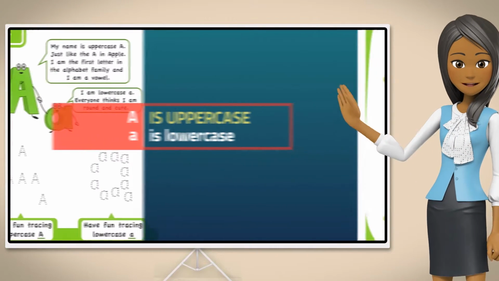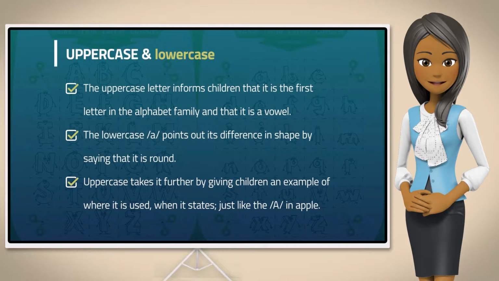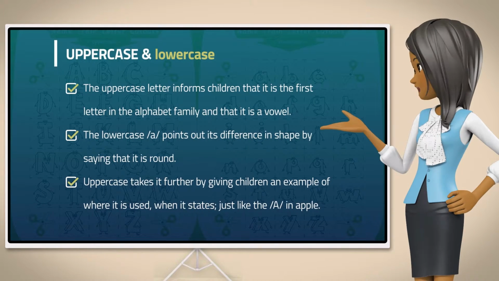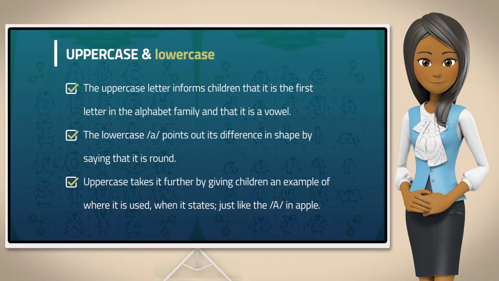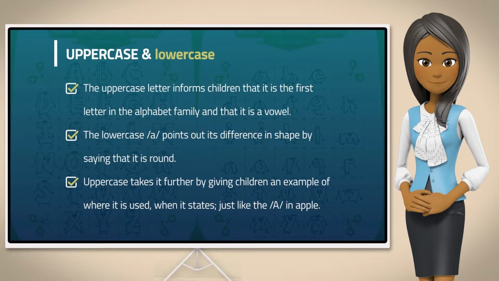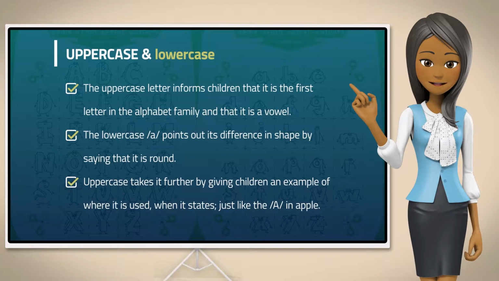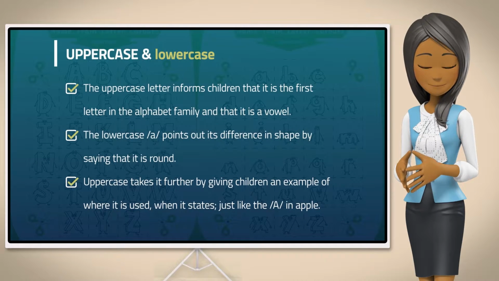The uppercase letter informs children that it is the first letter in the alphabet family and that it is a vowel, while the lowercase a points out its difference in shape by saying that it is round. Uppercase takes it further by giving children an example of where it is used, when it states, "Just like the A in apple," so children are learning the distinguishing features of the letter A while understanding that A comes in two formats, uppercase and lowercase.